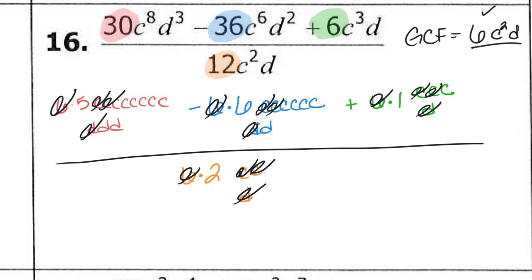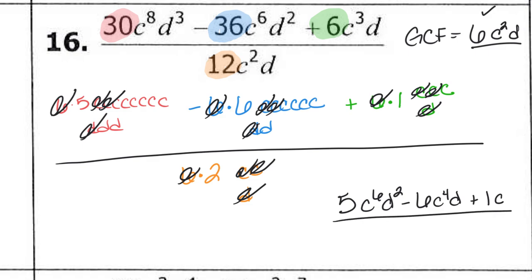So what I'm left with in the numerator is 5 with 6 C's left and 2 D's. We have a negative 6 with 4 C's and 1 D. And we have a positive 1 with 1 C. And in the denominator, we simply have the number 2.